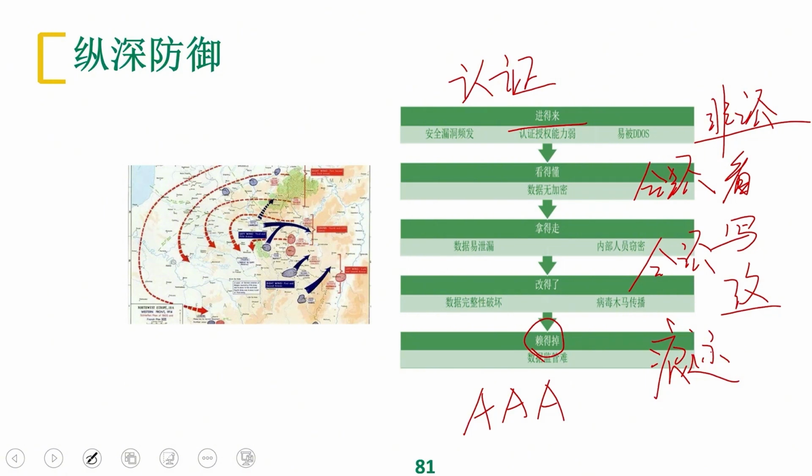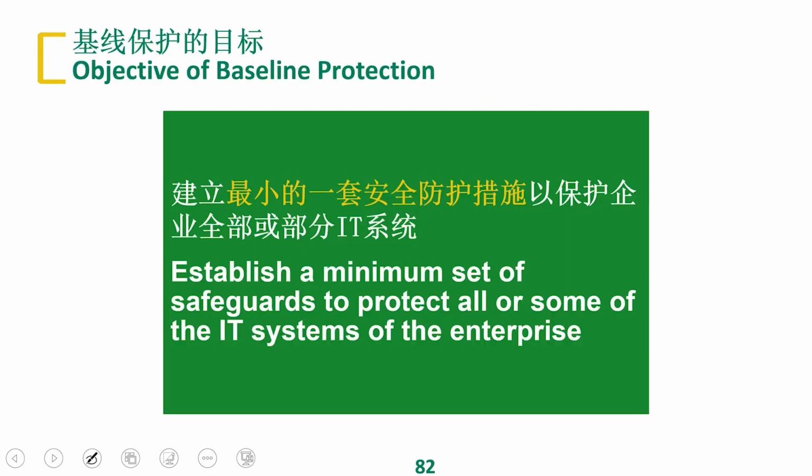So this baseline should be the minimum value in the entire security protection standard. Because if even the baseline cannot be reached, then even the basic requirements cannot be met. How can your security be guaranteed? We have also said before that plans and standards are the best practices for security.